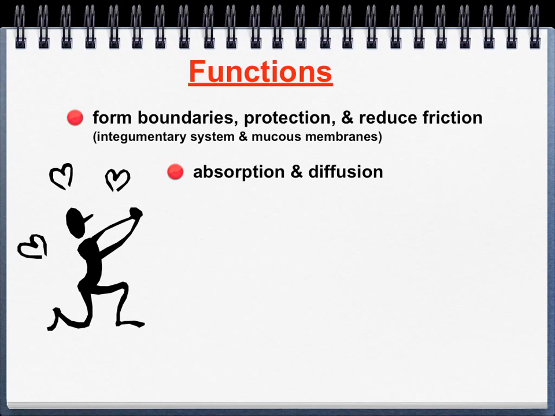And diffusion, we've talked about this a bunch actually, the oxygen and the carbon dioxide that diffuse into and out of the blood in the lungs also happens through epithelial tissue. And then, of course, at the cellular level, the exchange of oxygen and carbon dioxide happens at the capillaries through epithelial tissue.